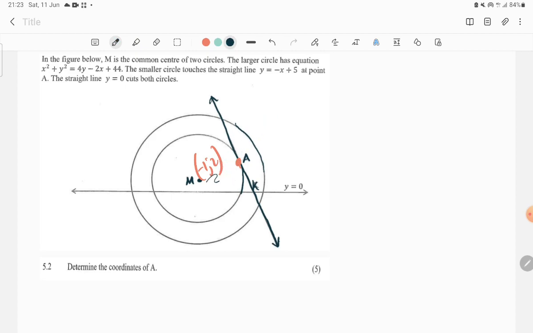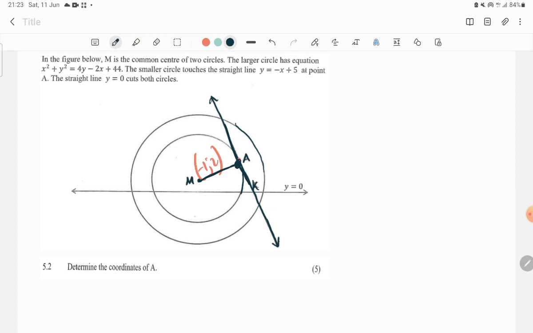We are having this, which is the radius, and this line there is a tangent of the circle, and at A, the radius and the tangent are intersecting. So the idea now is to look for the equation of the tangent and the radius, I believe.